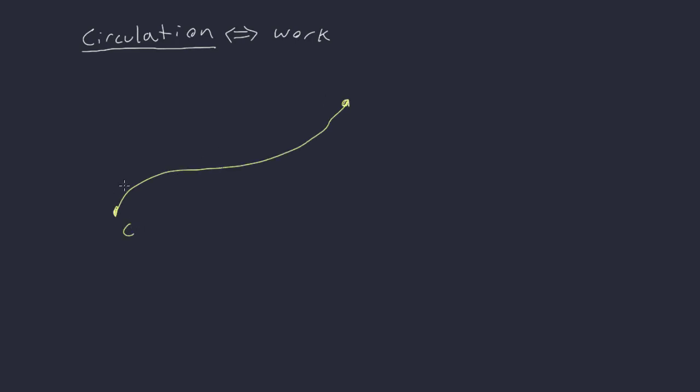So let's call the path C, and say it's represented in this way. At each point along C, we have a tangent vector, the unit tangent vector to be precise.